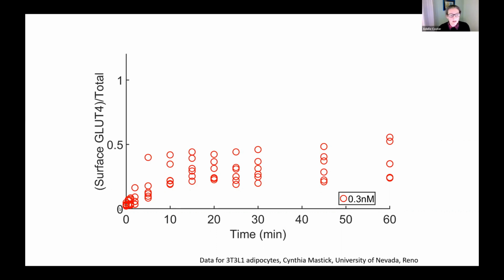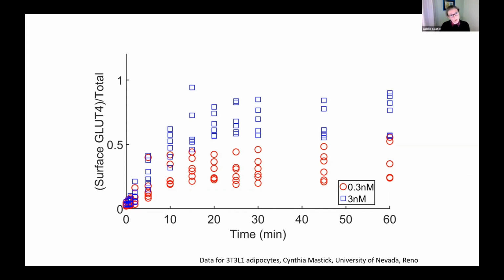And so it's noisy, as is all biological data. And so what happens is that you get, for 0.3 nanomolar, so on the low side of physiological levels of insulin being applied at time 0, a rise in GLUT4 levels on the surface. And that would be in response to the insulin signal. This is what you'd want if there was glucose in your system.